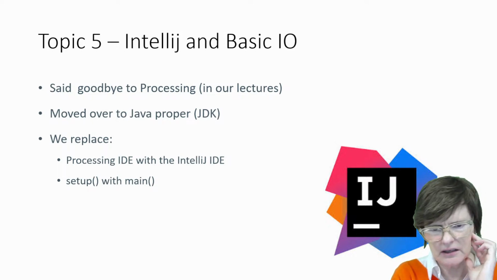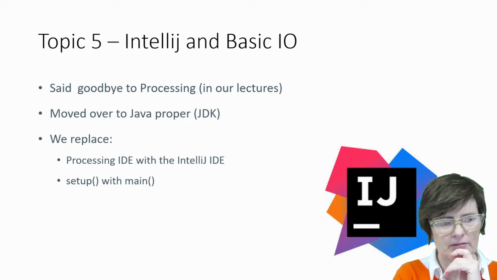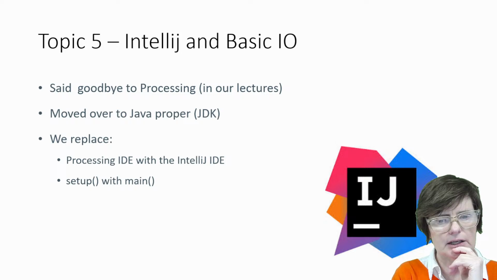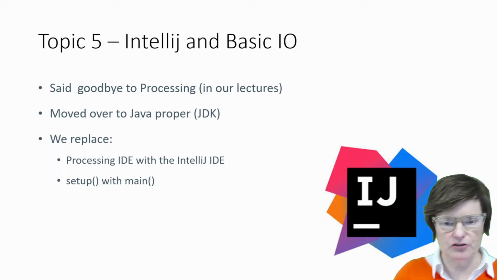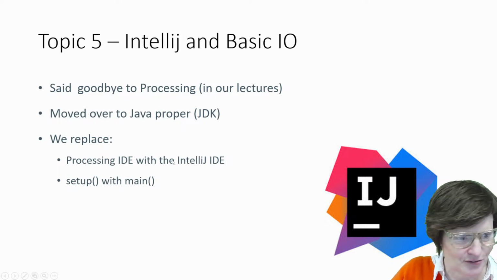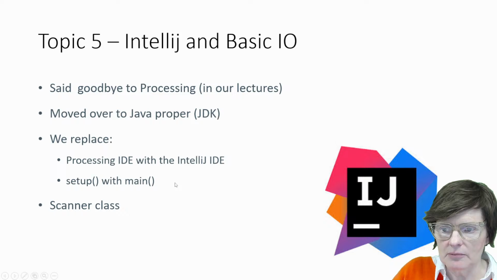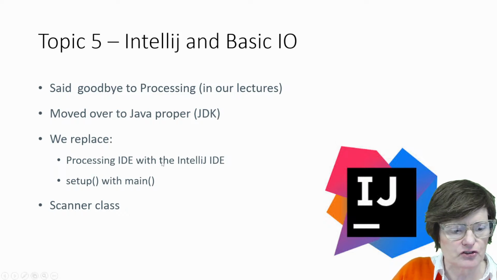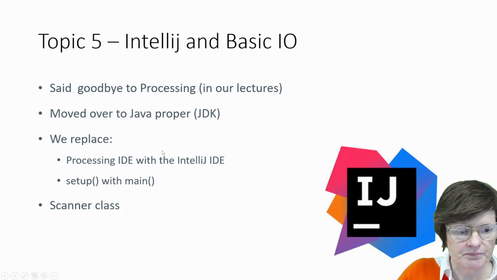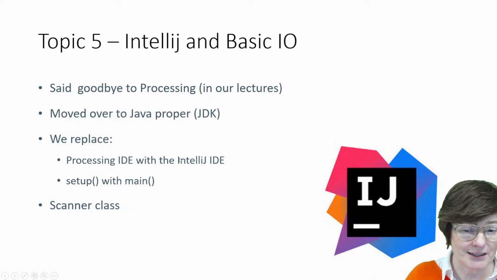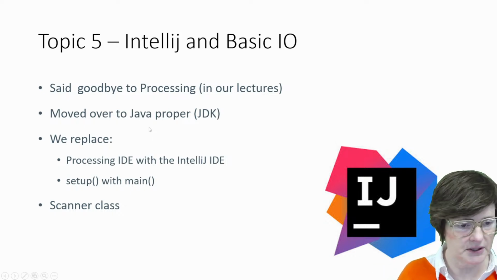So in normal Java, when there's no envelope or wrapping around it, you will need a main function. Even though it's a method, we traditionally would have called it a main function, but there's other reasons for that. So we're going to look at that, and then because we need to be able to talk to the outside world, specifically we need to be able to read in values, and the default is to bring it in from the keyboard.